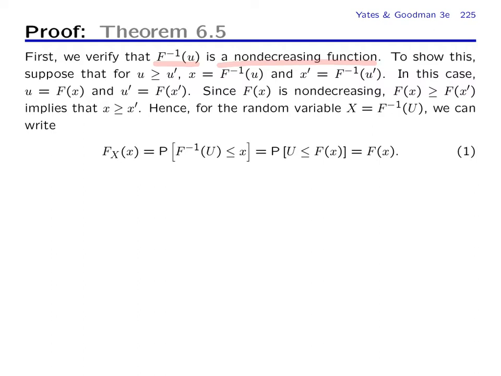So once you have that, you get the fact that the probability X is less than x is the probability F inverse of U is less than x. But that implies that U has to be less than or equal to F of x. But U is uniform 0, 1, and so this probability is indeed F of x. So this will probably seem circular the first 2 or 3 times you look at it, and so maybe go back to this later after you do a few examples.